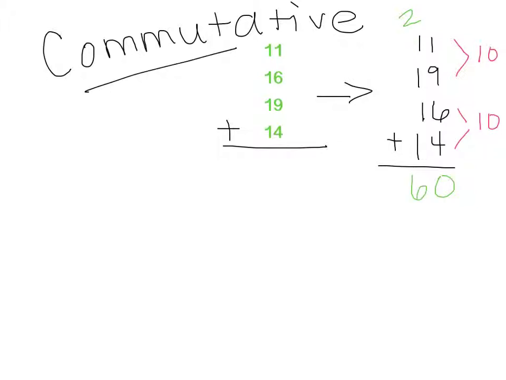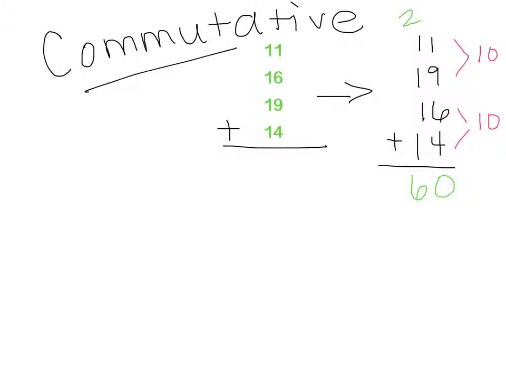So I have 60. So first, guys, look, I used the commutative property to switch the order. I took this order over here and I changed it. I put the 19 before the 16. That's using the commutative property.